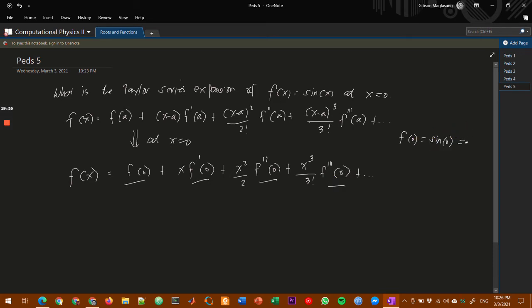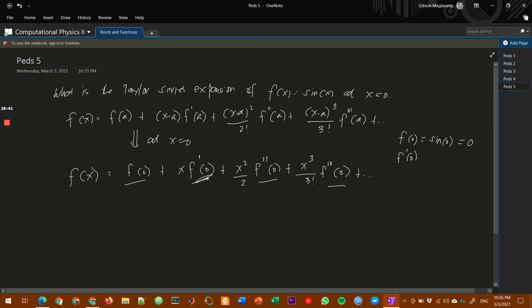And sine of 0 is just 0. How about f prime of 0? Prime is the derivative, so you take the derivative of sine, that's cosine, and then evaluate it at 0. So we have 1. Cosine 0 is 1.